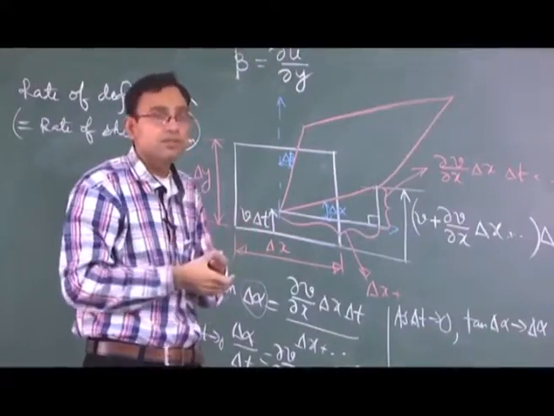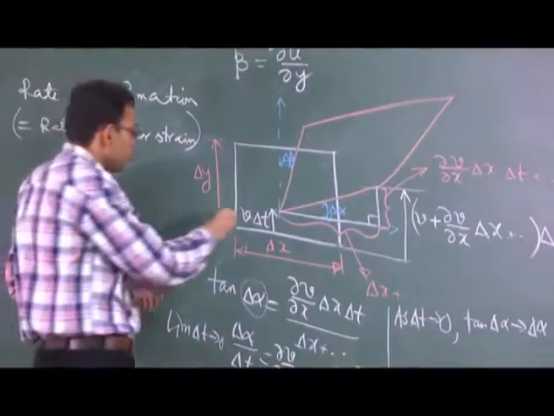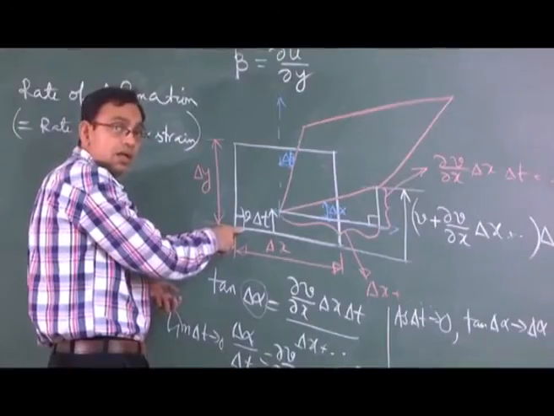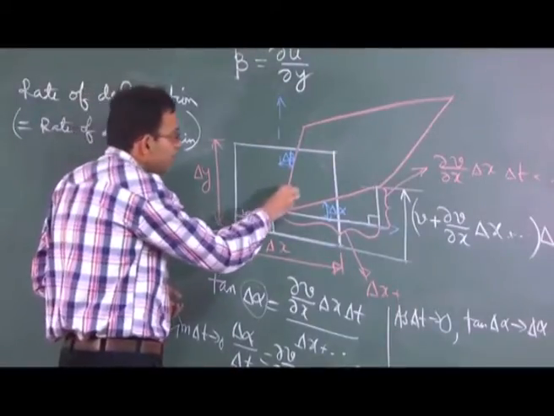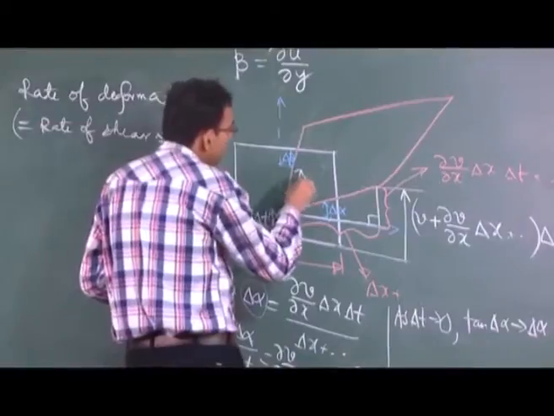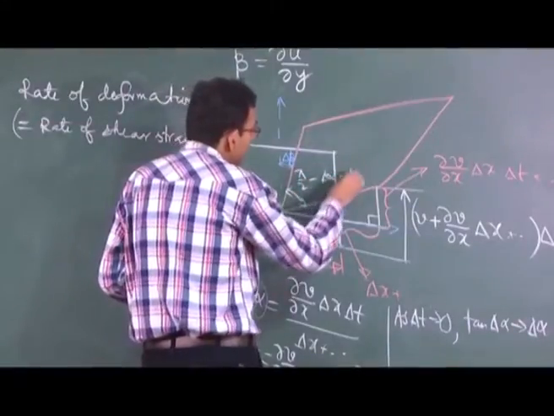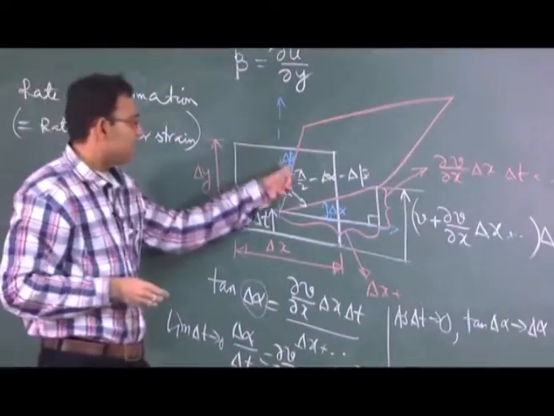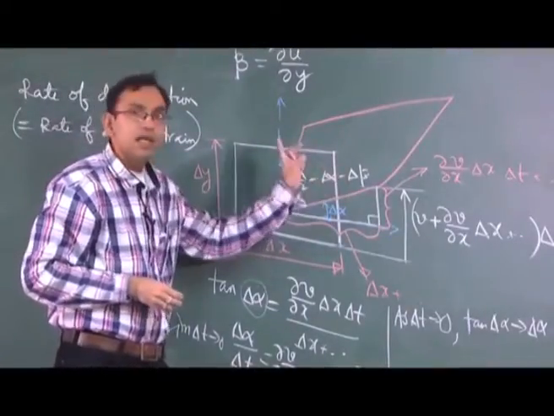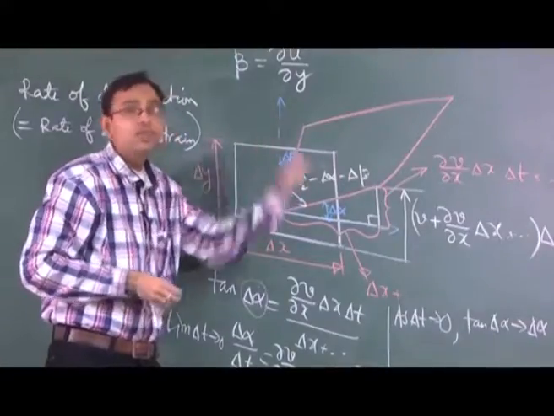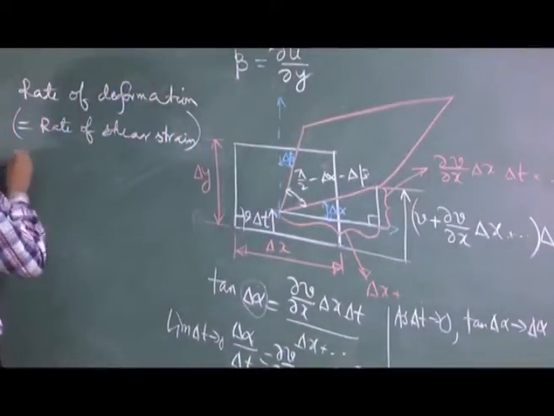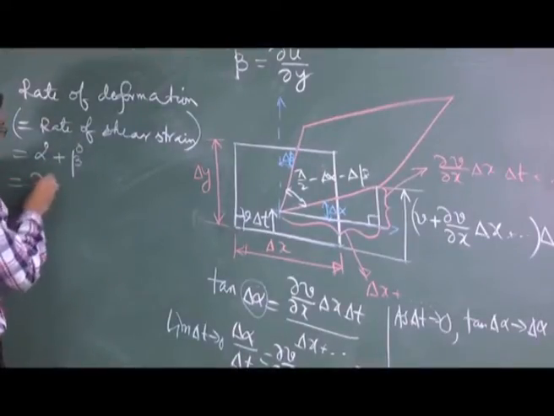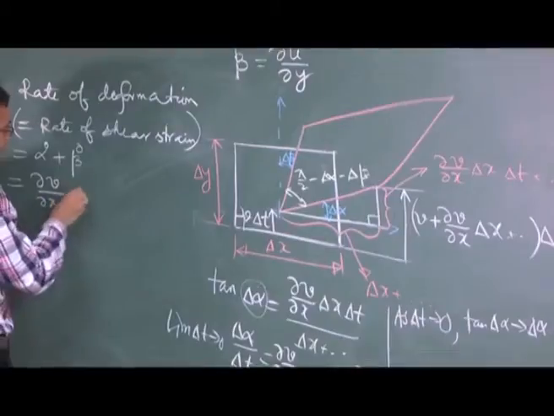So, this is the definition. These two line elements were originally perpendicular to each other. Now, the angle between these two line elements is this. What is this? Pi by 2 minus delta alpha minus delta beta. So, what is the change in angle between these two? Delta alpha plus delta beta. What is the rate of change of that? That is alpha dot plus beta dot. So, that is del v del x plus del u del y.